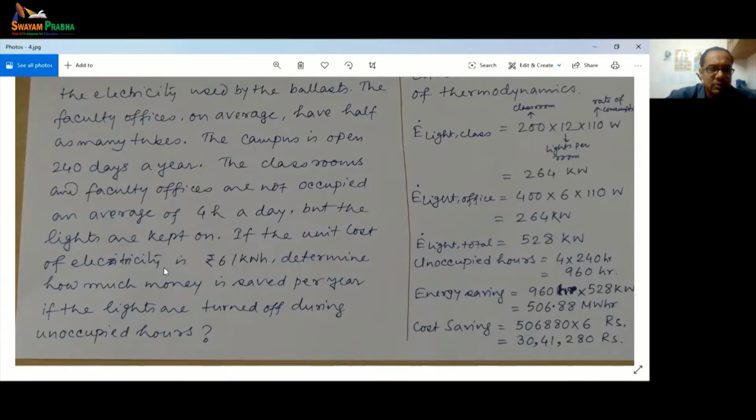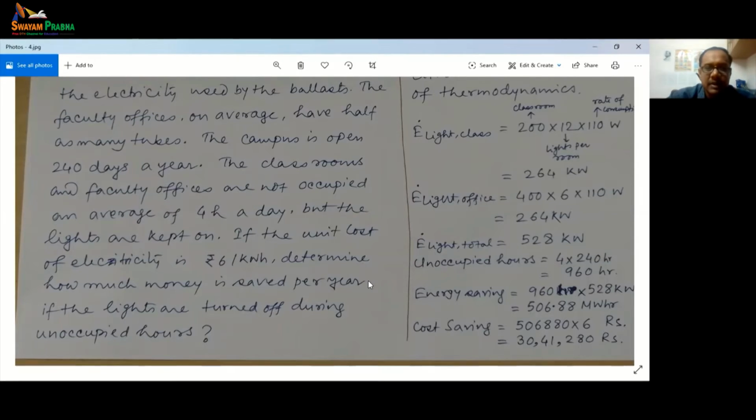So the unit cost of electricity is rupees 6 per kilowatt hour. Whenever we say that this month you have to pay for 60 units of electricity for your home, that unit of electricity is the kilowatt hour. That means if you run a pump of 1 kilowatt for 1 hour, the power it consumes has a value of, suppose, rupees 6.